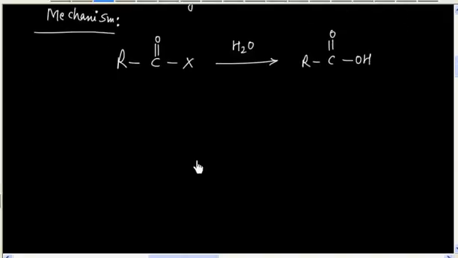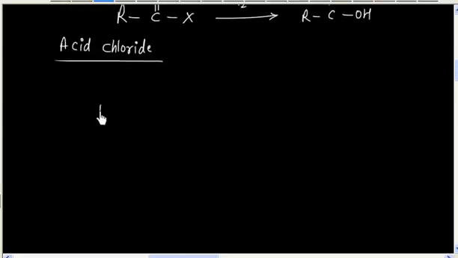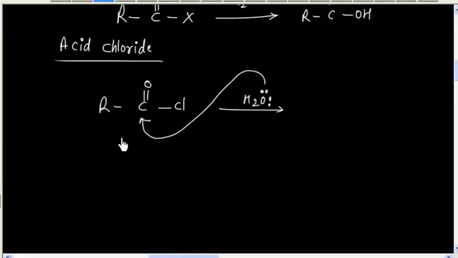Let us take a special case of acid chloride. So we have acid chloride and this reacts with water. This time water will act as a nucleophile and this will attack on carbonylic carbon.